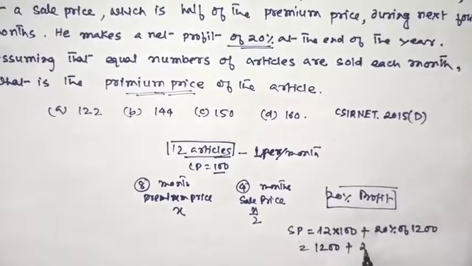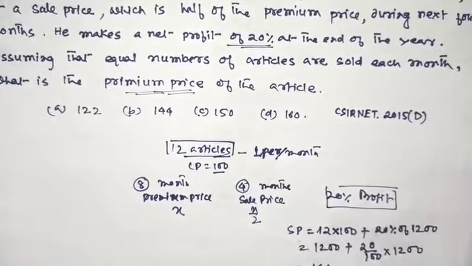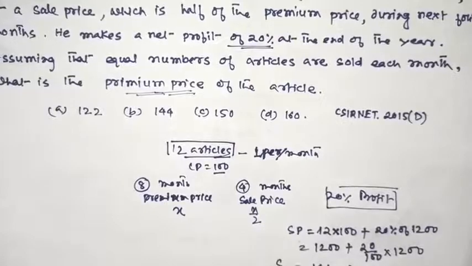So 1200 plus 240, it would be 1440 rupees. So this is the selling price of all the articles.